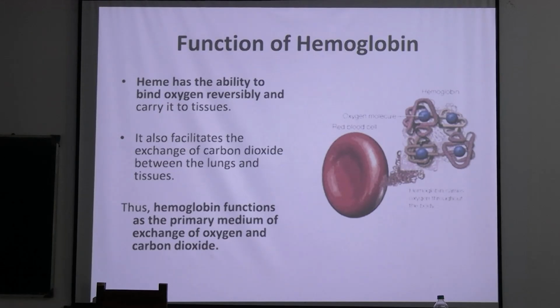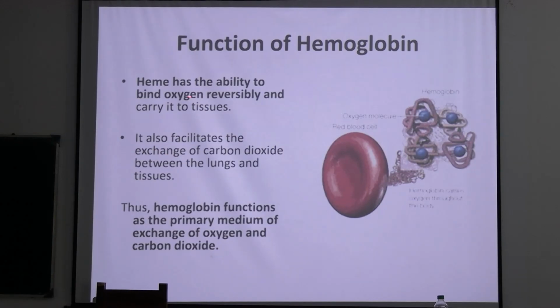In the lungs, it traps oxygen from the inhaled air, it goes to the tissue, there it releases the oxygen to the tissue, and from tissue it brings the carbon dioxide to the lung and it releases the carbon dioxide into the lung. So, hemoglobin does both the functions. That is why hemoglobin is so important.